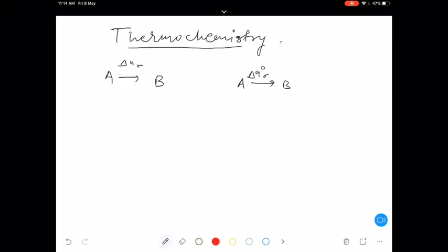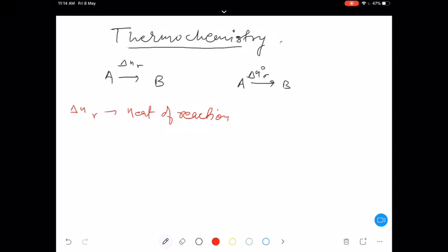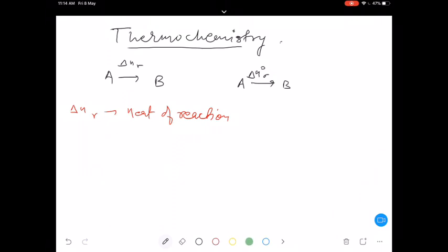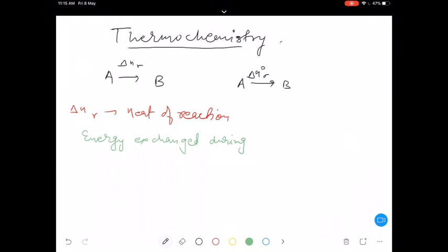Now this delta HR, that is heat of reaction. Delta H naught R is also heat of reaction. We also call it the energy exchanged during chemical change.